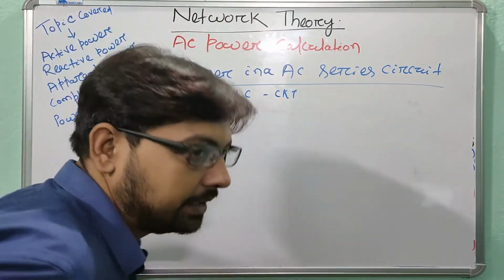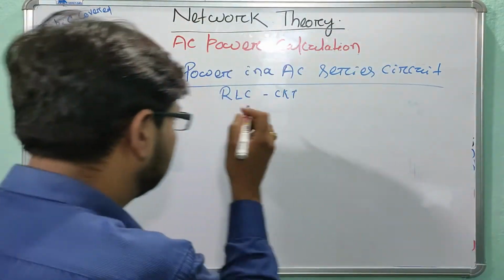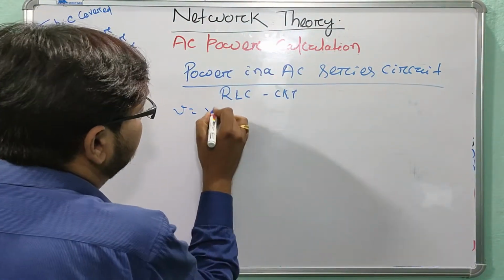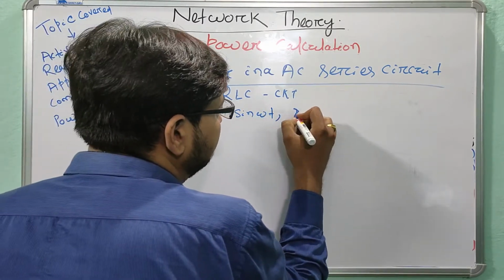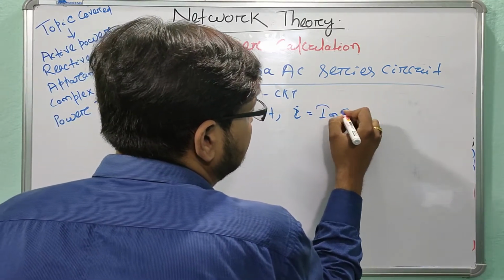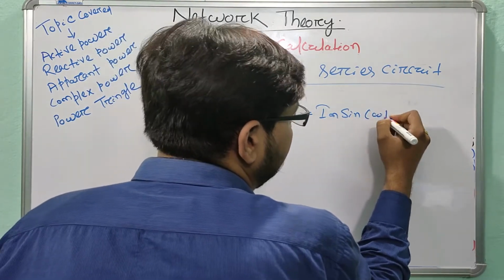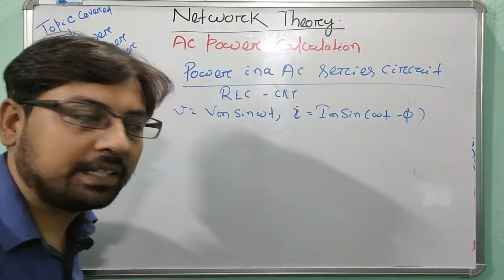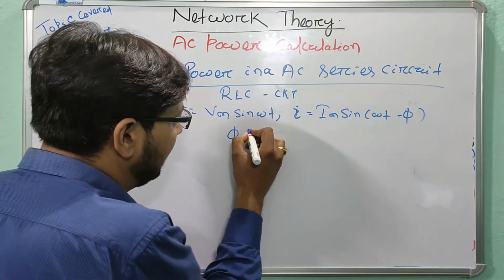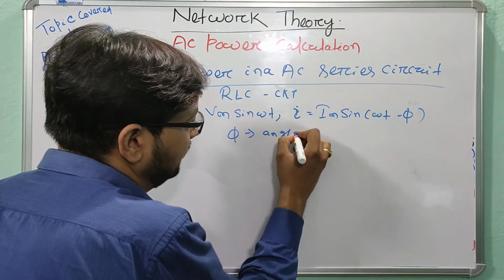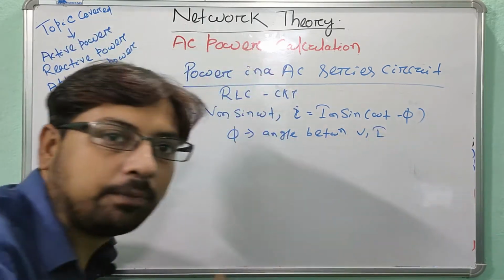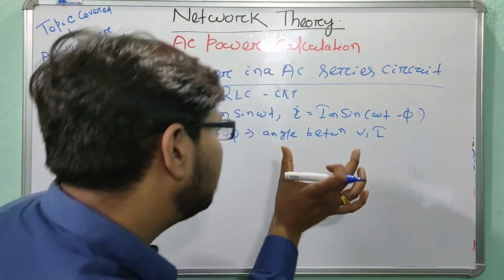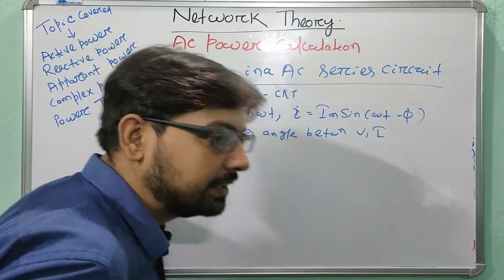Now for the RLC series circuit, V is equal to Vm sin omega t, and I is equal to Im sin omega t minus phi. So what is phi? Phi is the angle between V and I, that is your voltage and current. The angle between voltage and current is known as phi.